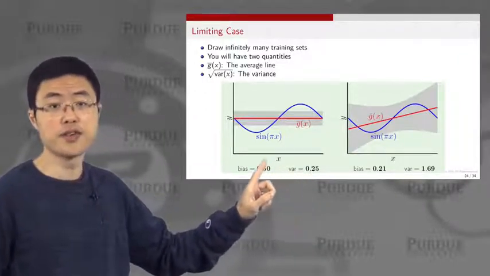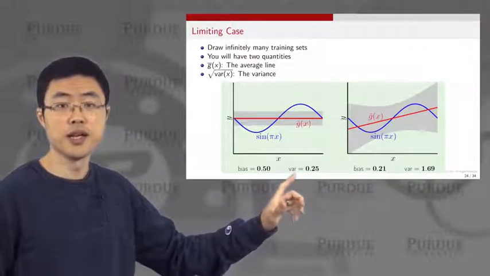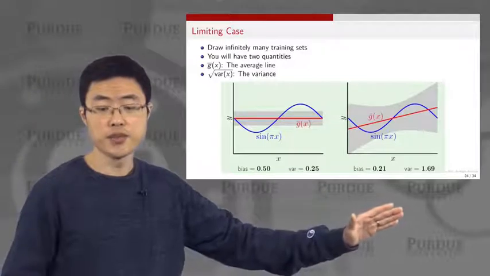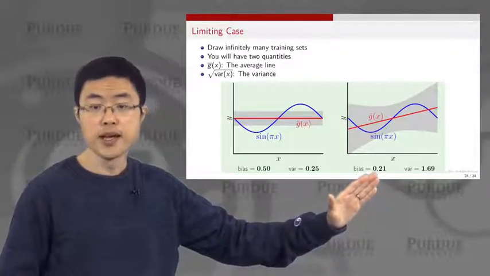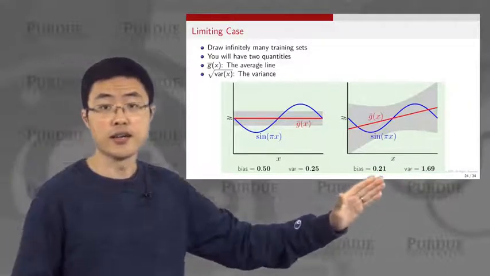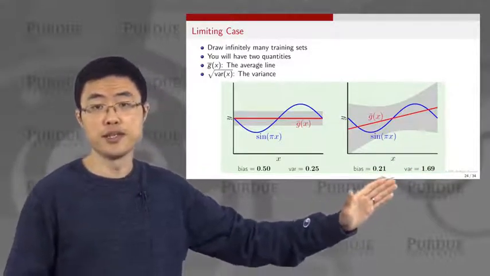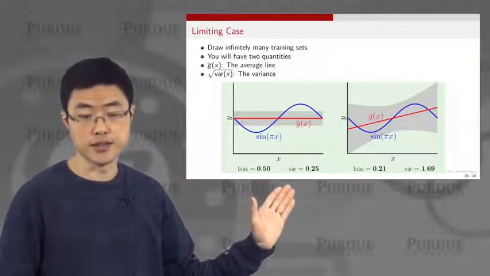This is not a very good model, but you can achieve these 2 numbers. Compared to the other case, yes, your bias is significantly lower. This is 0.21. However, your variance is actually 1.69. Now, if you add the two numbers up, this case would be significantly worse than the other case.